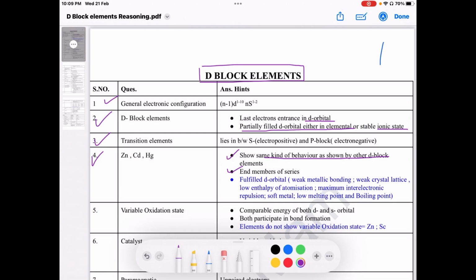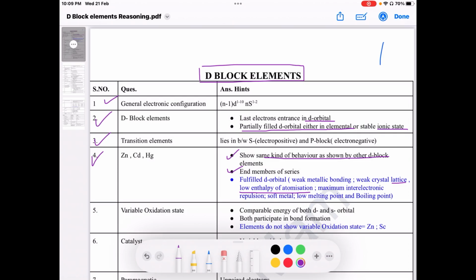Next question, name the elements which have low enthalpy of atomization. Zinc, cadmium, mercury have low enthalpy of atomization because they have fully filled d orbitals. Because of the absence of unpaired electrons, the metallic bonding is weak. That's why they have a weak crystal lattice, and this results in low enthalpy of atomization.